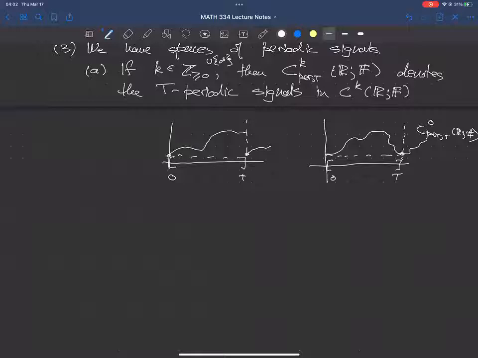So that's something to be aware of always when talking about things that are in these classes: the regularity applies to the function on all of R, not just on a single period. Which isn't the case for this class of signals.